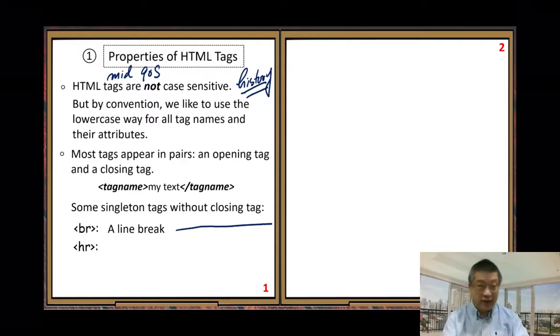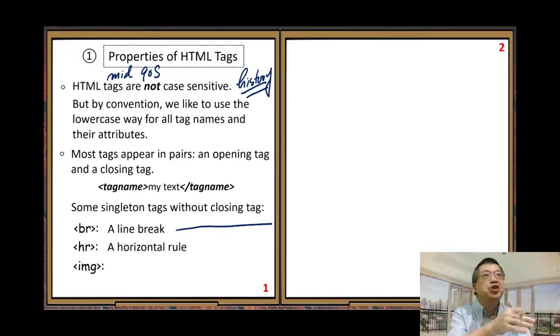The third one, the IMG, image tag. This one is very important, very useful. And this one has no closing tag, right? Here are just three examples.